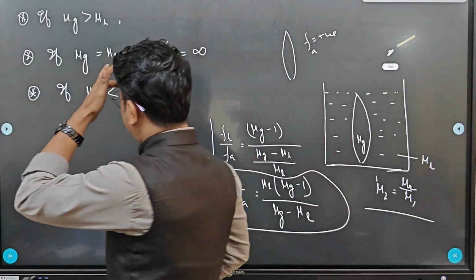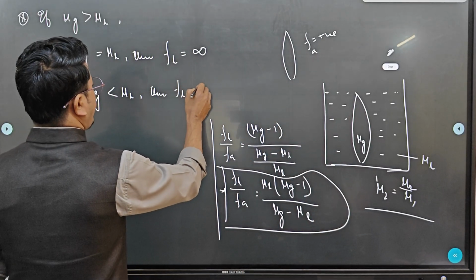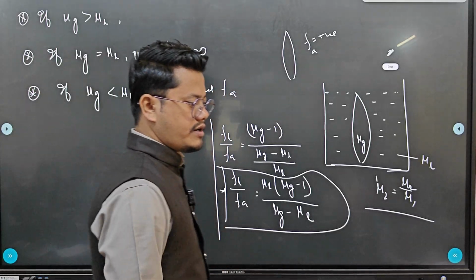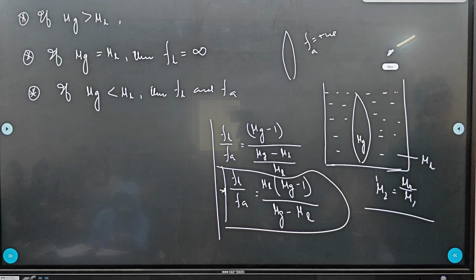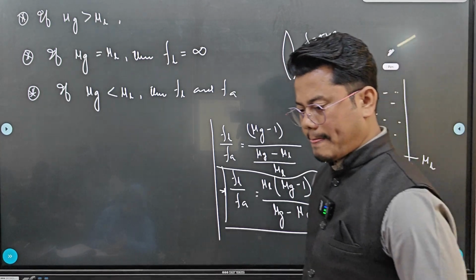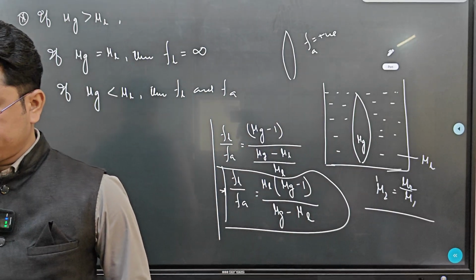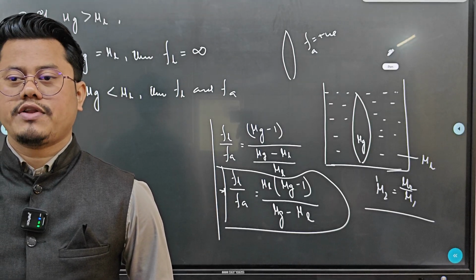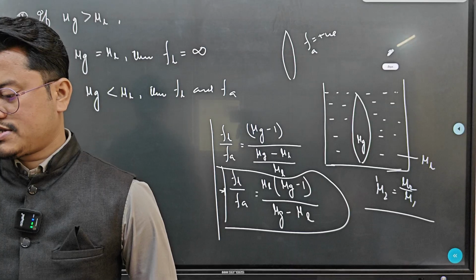If mu g less than mu l, then Fl and Fa will have opposite sign. That is, the nature of the lens changes.